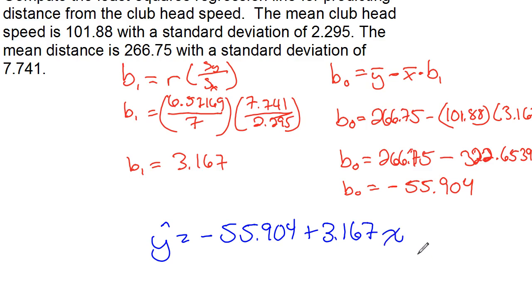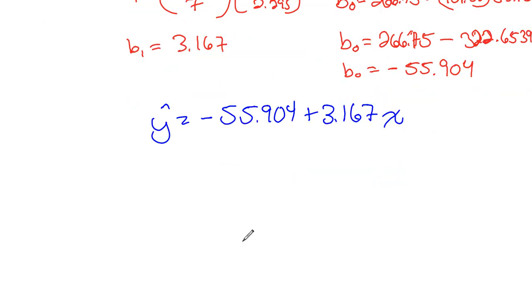A couple of things regarding my slope and my y-intercept. My y-intercept is where it crosses the y-axis. And so we look at this and we say, okay, well, that's all well and good, but I remember that that's whenever x is 0.